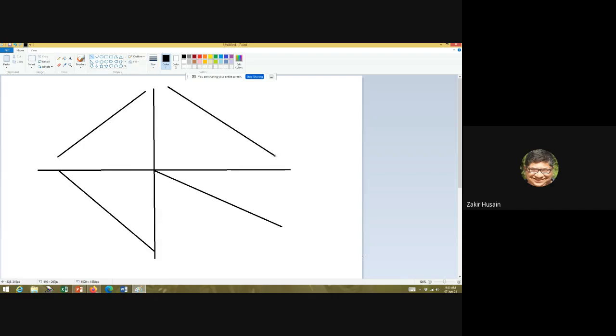And this is the IS curve. This is RY. This is the liquidity demand.